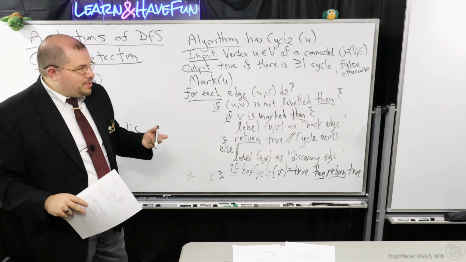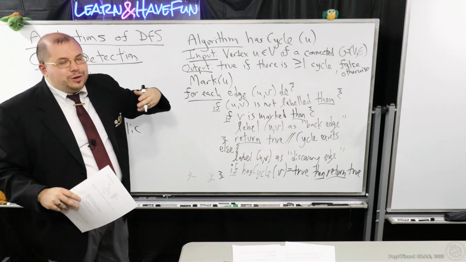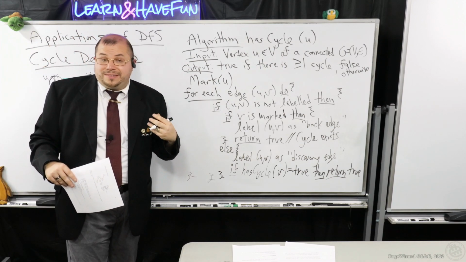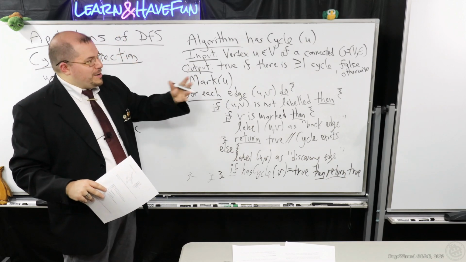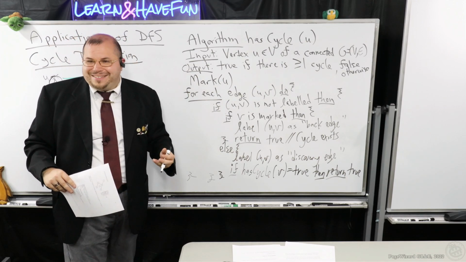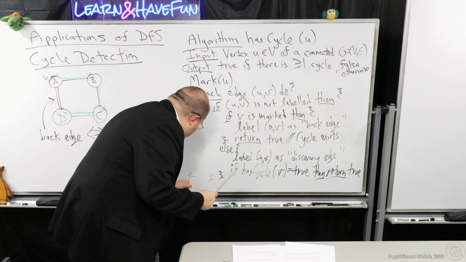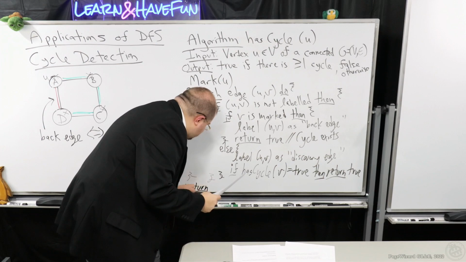Does everybody see that? So I can't conclude that my vertex is a part of some cycle, or at least one of the cycles, until I've examined all my incident edges. So after the for each loop, this is when you would return false.